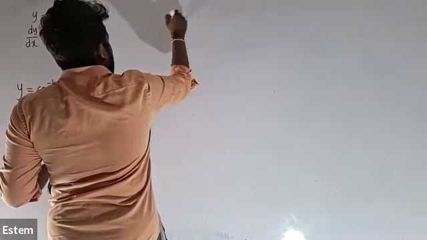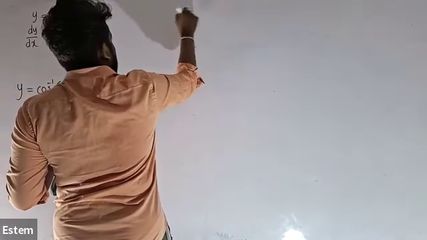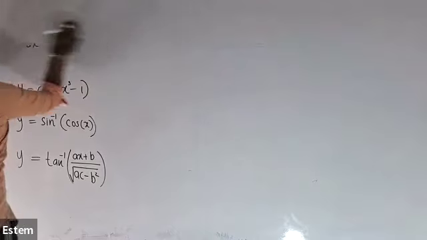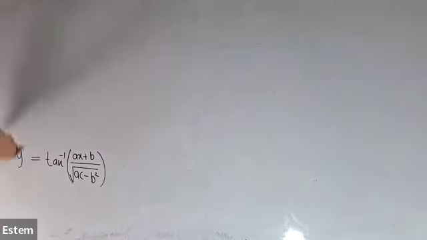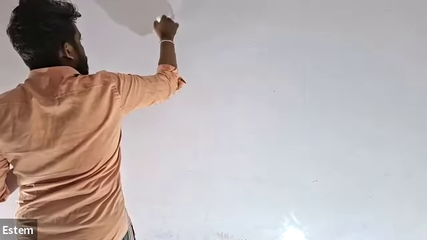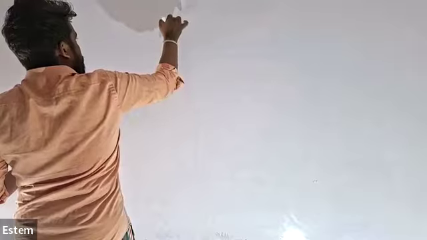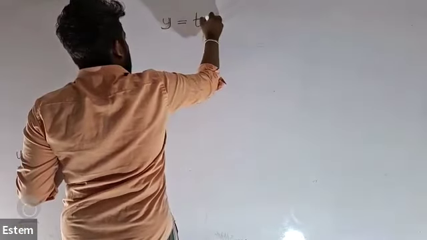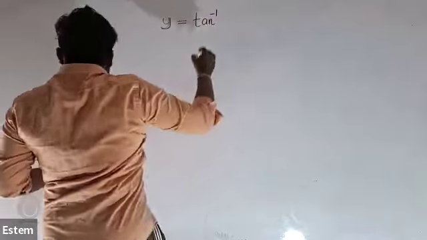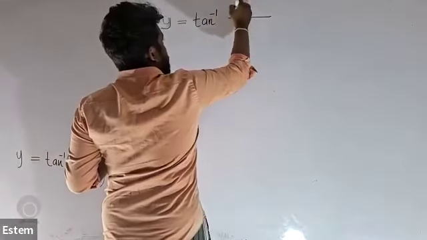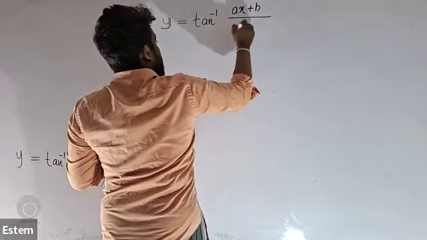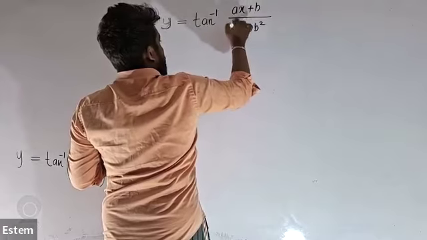It is y equals tan inverse of (ax plus b) over the square root of (ac minus b squared).